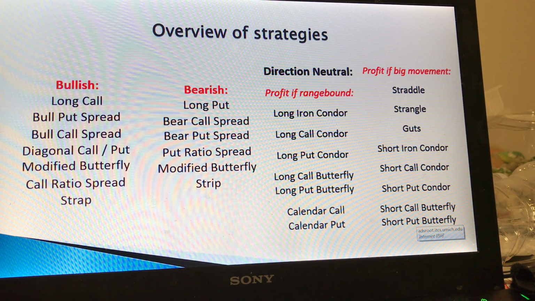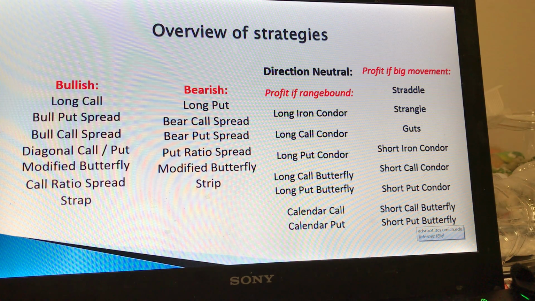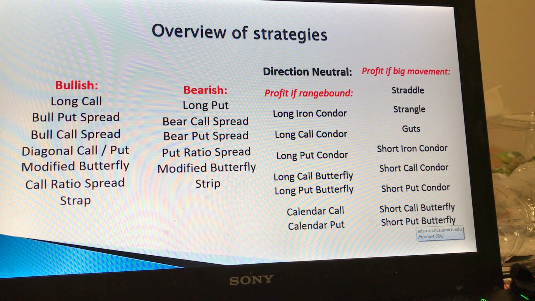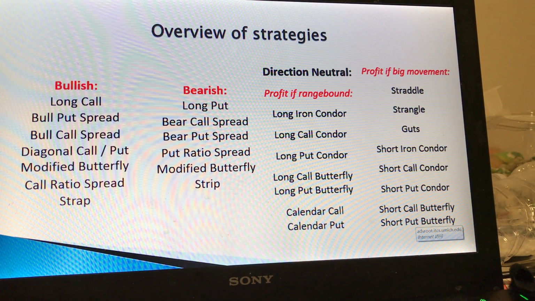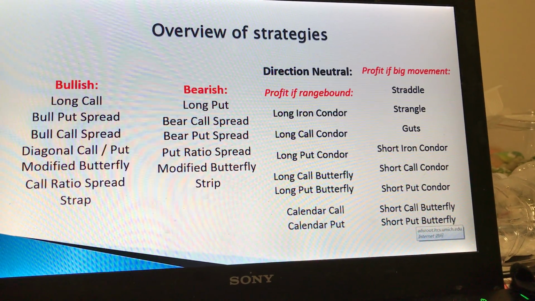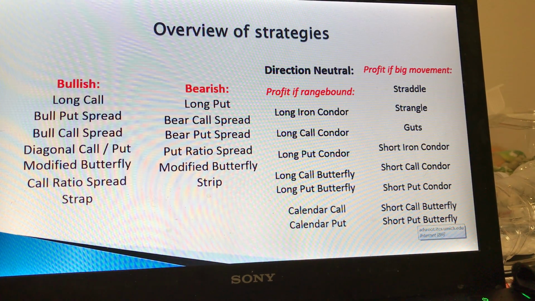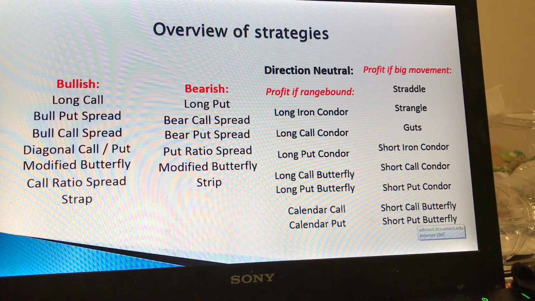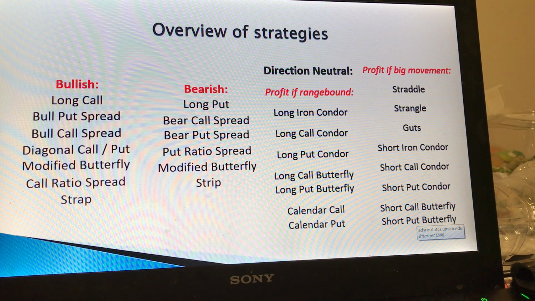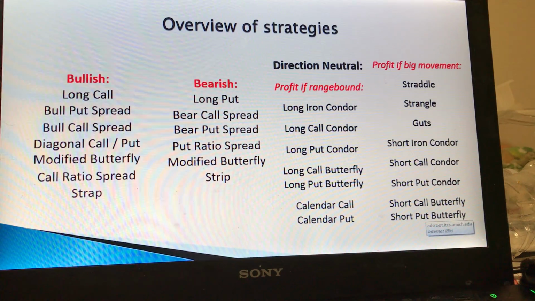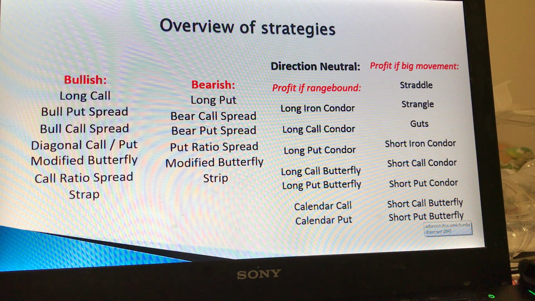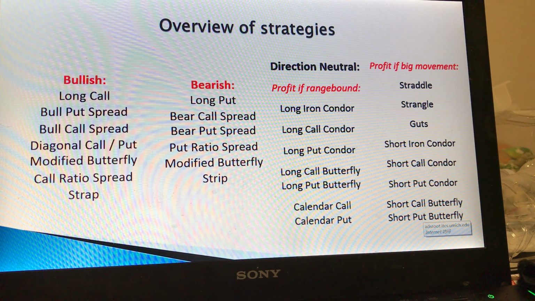The straddle is at the money, the strangle is out of the money, and the guts is in the money. So you can see these are from cheap to expensive. Their prices are different, but their goals are somewhat the same. However, they can show different functions and different performances under different conditions.